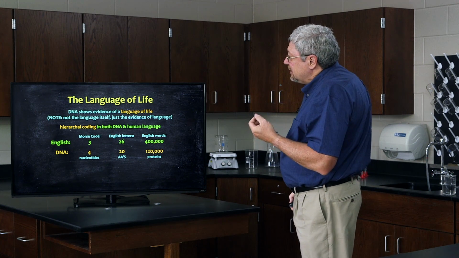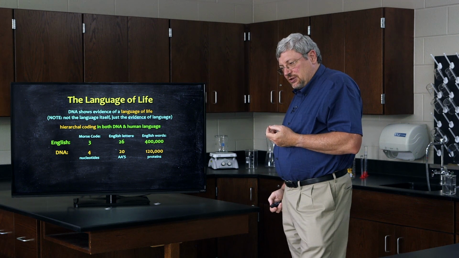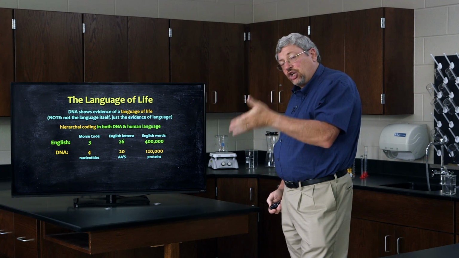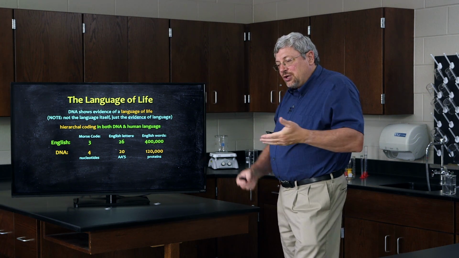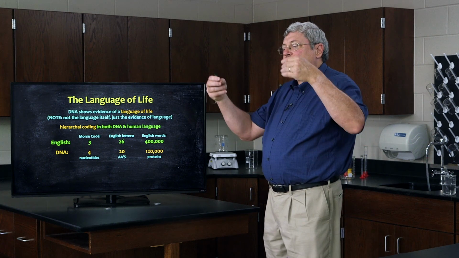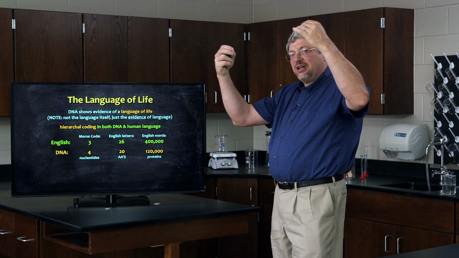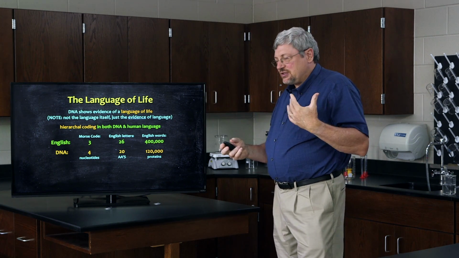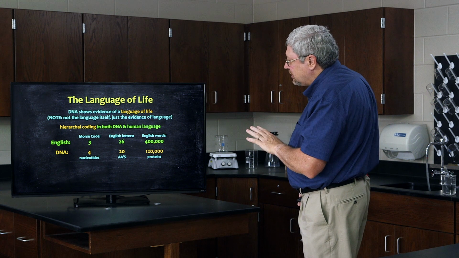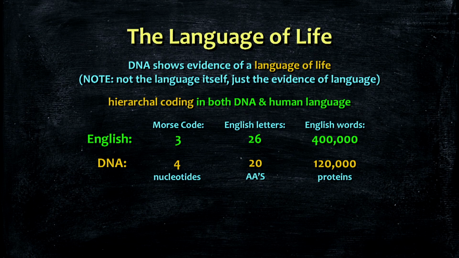For example, language has a characteristic of what we call hierarchical coding. You code at one level, and then you code at a higher level, and then you code at a higher level. This is characteristic of language. For example, let's take English and take the situation where we transmit the English language via Morse code. Morse code is a process whereby we make dots and dashes into letters.